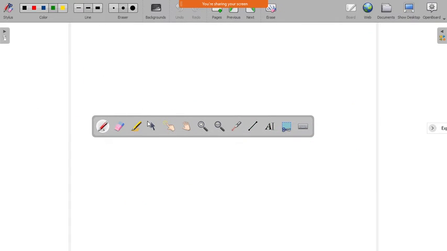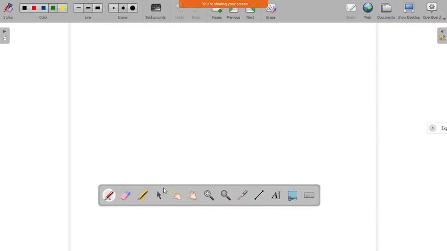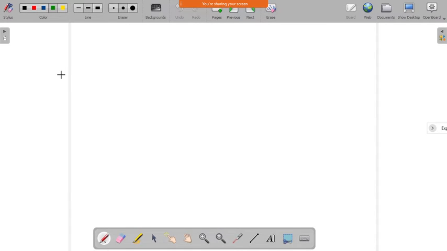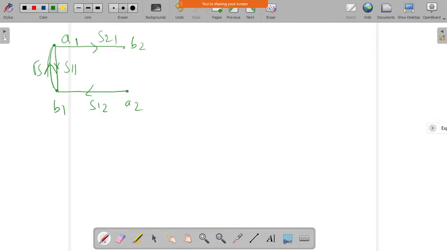So now let us take the same signal flow graph. Similar rules can be applied. In order to obtain this also, we have A1 and B1. From B1 to A1 we have gamma S, and from A1 to B1 we have S11, A1 to B2 is S21, and A2 to B1 is S12.